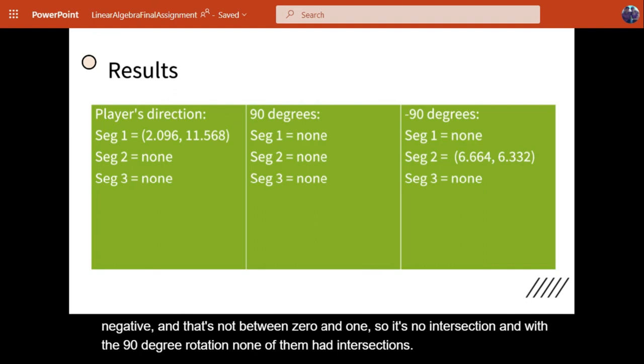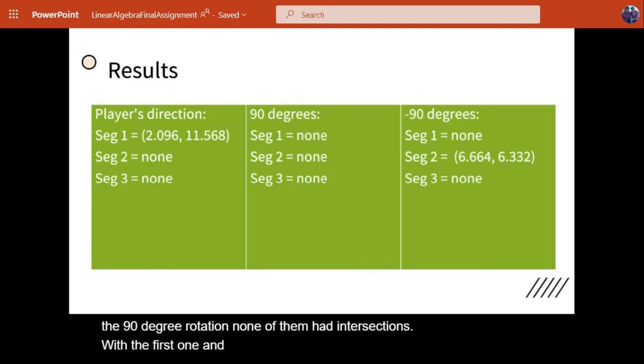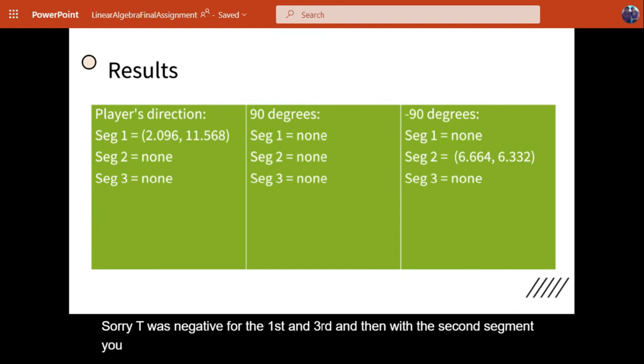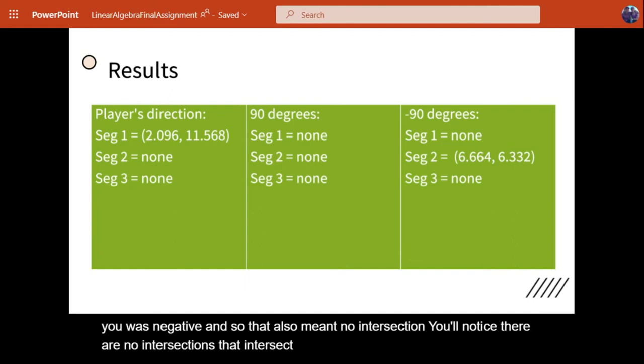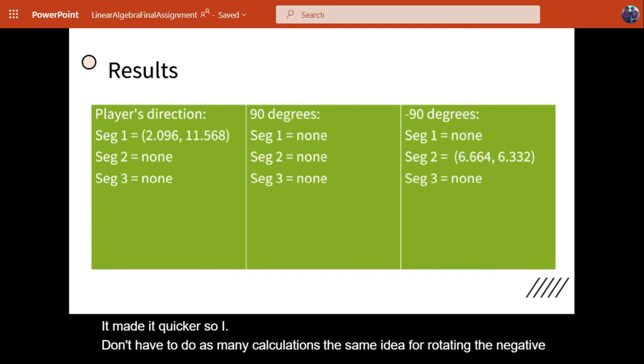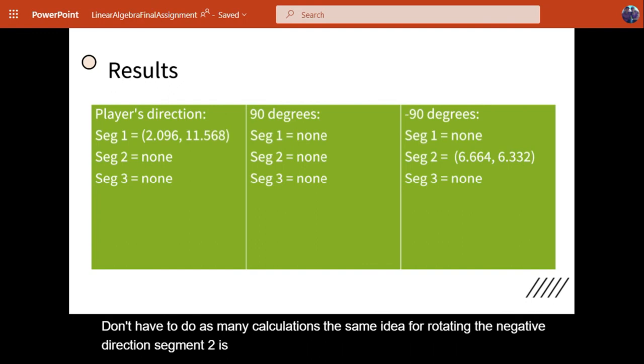With the first one and the third one, u was negative, and t was negative for the first and third, and with the second segment, u was negative, so that also meant no intersection. You'll notice there are no intersections with the first rotation. That was on purpose. It made it quicker, so I didn't have to do as many calculations. The same idea applies for rotating the negative direction. Segment 2 is the only segment that intersected.